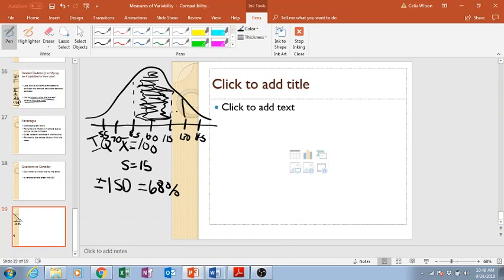If you move it out to 2 standard deviations, so this would be plus or minus 2 standard deviations, that's going to capture about 95% of people. So 95% of people have an IQ between 70 and 130.